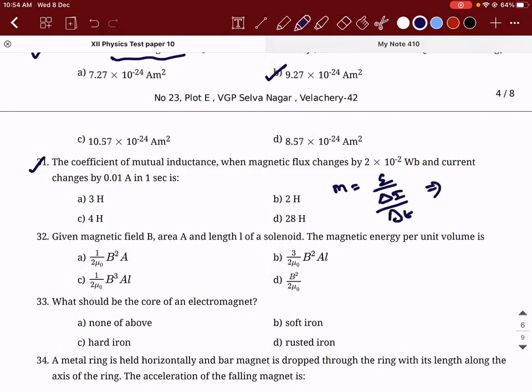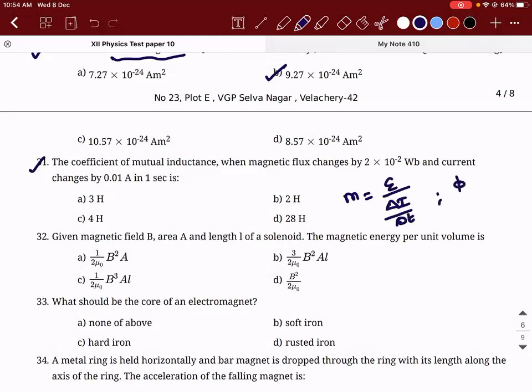The flux changes this much, so the flux is changing at this rate. So M will be equal to E divided by delta I by delta T.